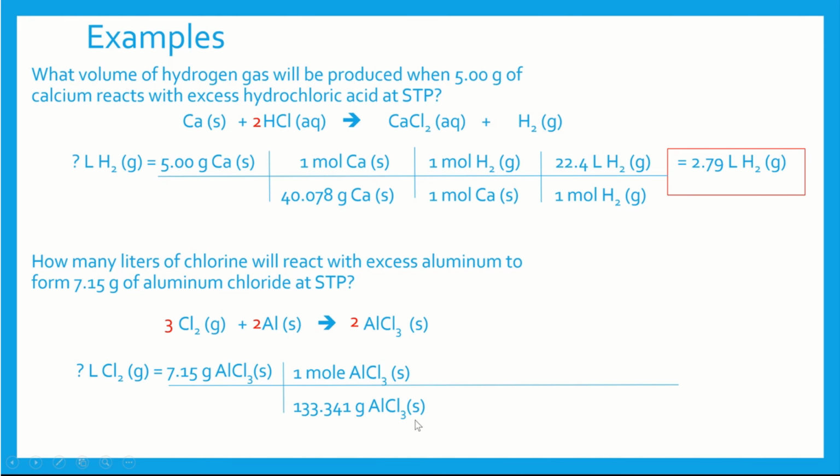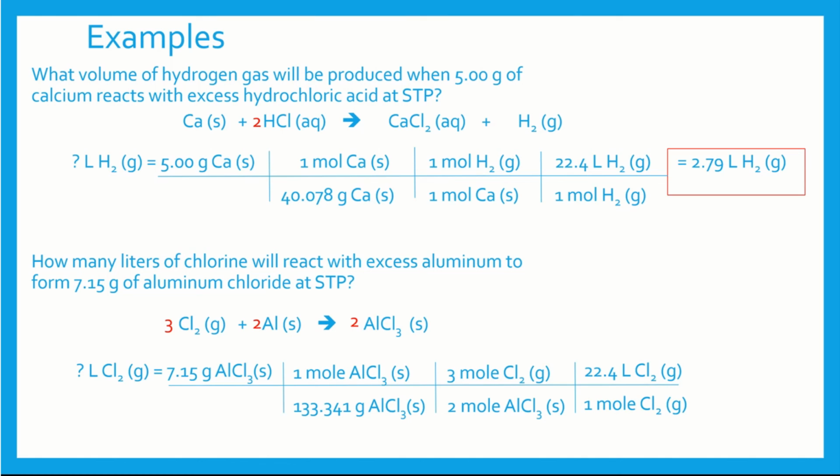So we use our periodic table and we add up 1 aluminum and 3 chlorines to get the molar mass of aluminum chloride. Once we have moles of aluminum chloride, now we can go from moles of aluminum chloride to moles of chlorine. We do that with a balanced chemical equation. So that 3 comes from up here, that 2 from right there.